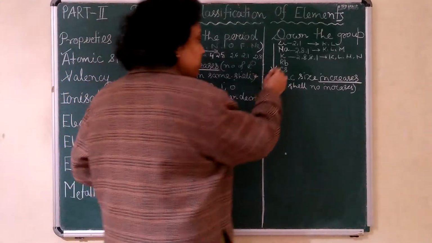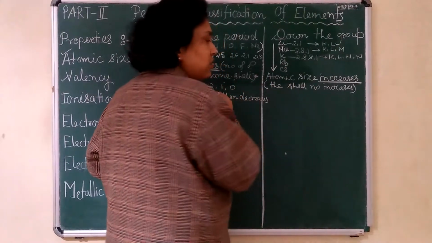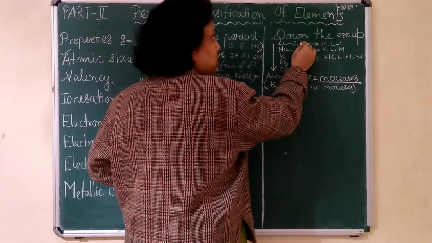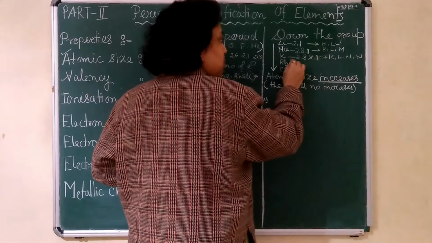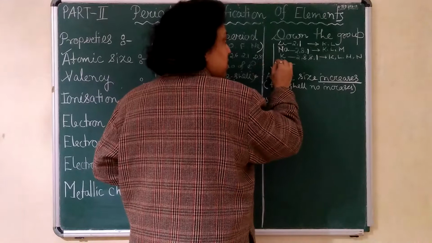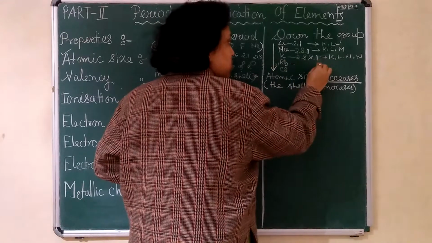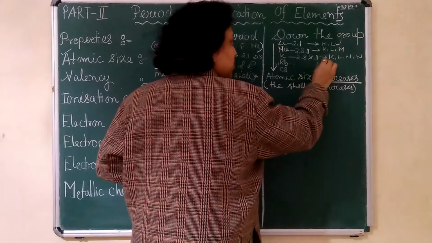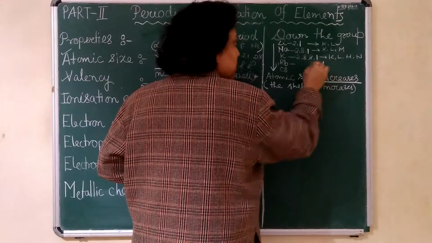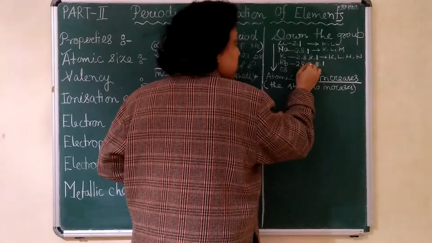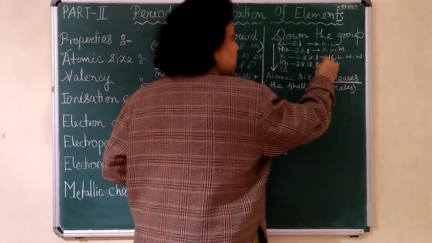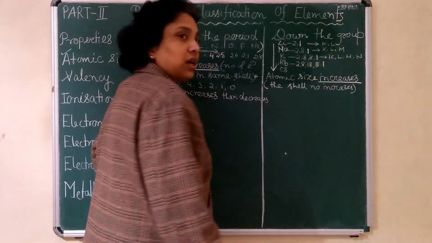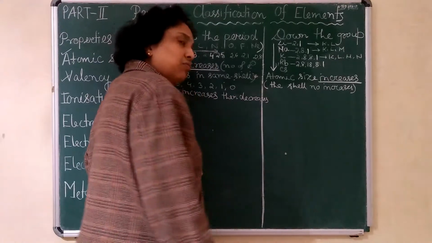Okay, what will happen down the group? Down the group, in the last shell, how many electrons? 1, 1. If you go to rubidium, atomic number 37, this is also the fifth shell: 2, 8, 18, 8, 1. So in the last shell, again 1 electron is coming.